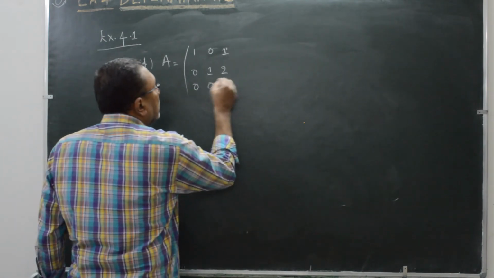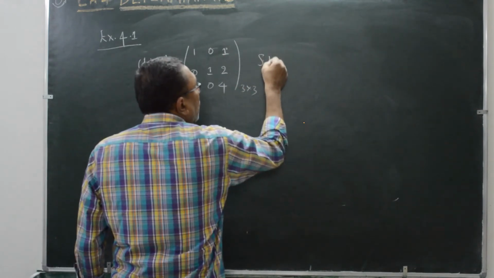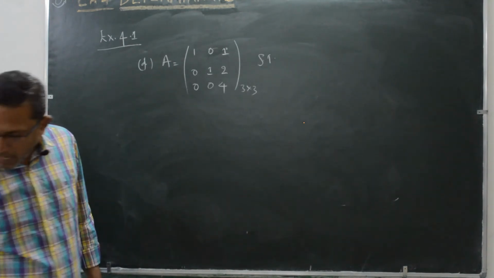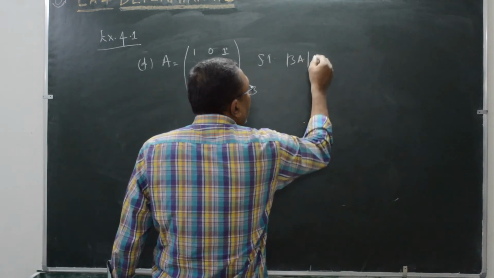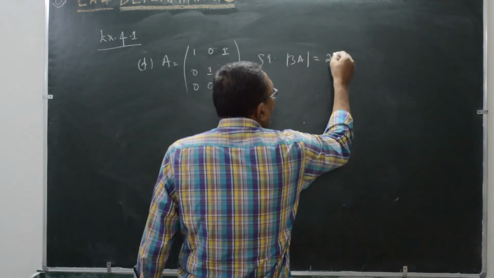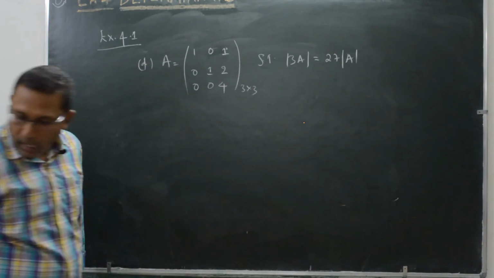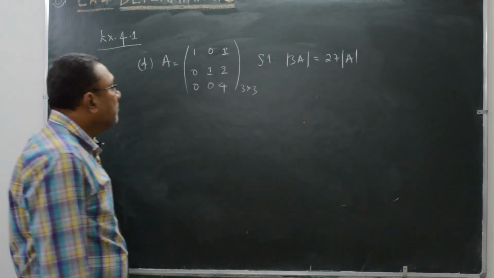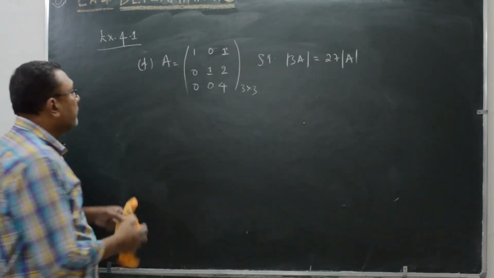We need to show that the det value of 3A is 27 times the det value of A. This problem, I think, is very easy. You can try it for yourself. I will go to the next problem.